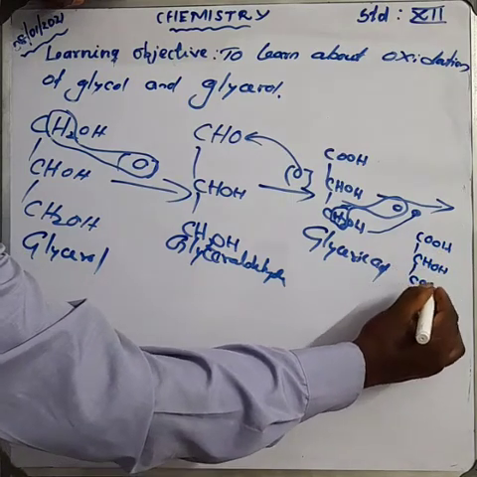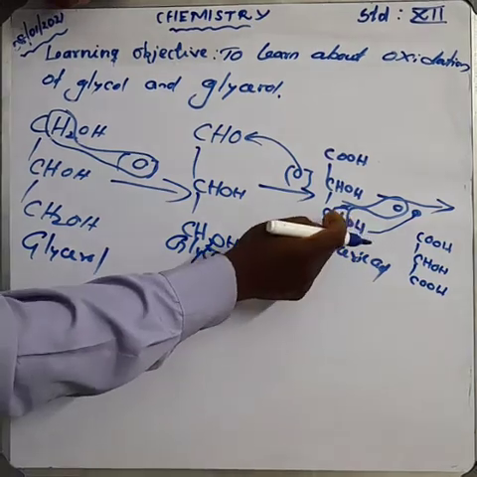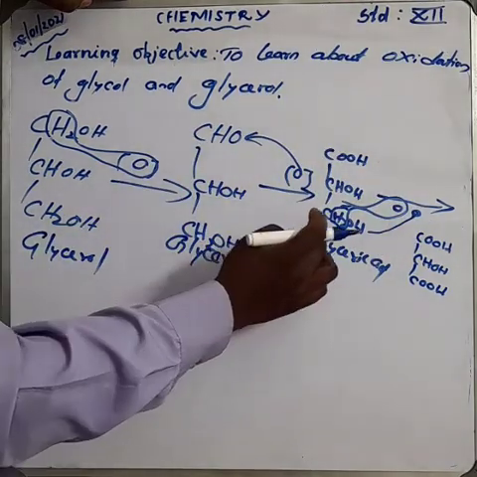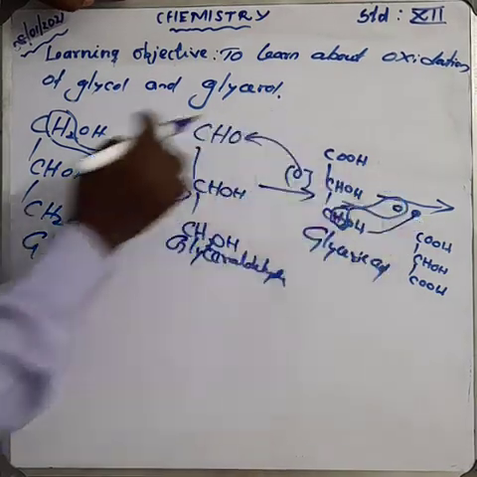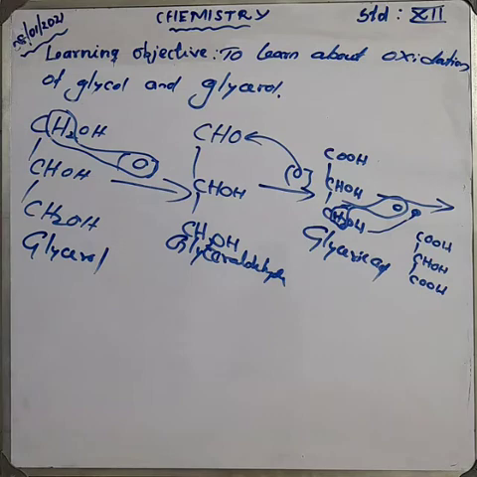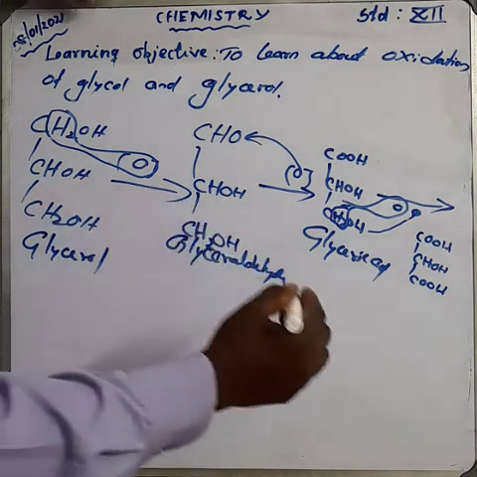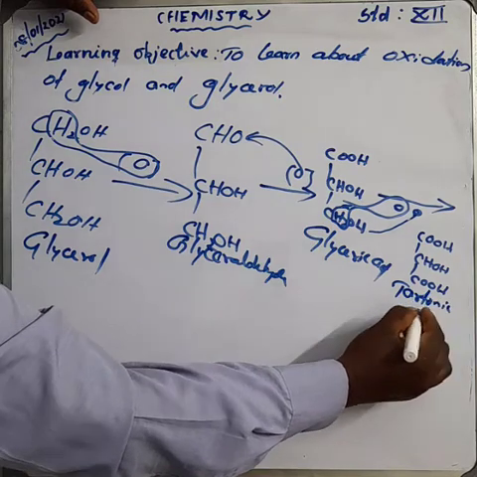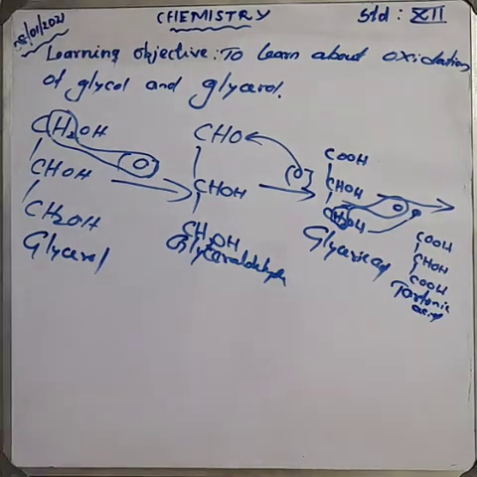Third step COOH. Clear? Here we are taking 2 more oxygen. One of the hydrogens combines with 1 oxygen to form water. The other oxygen will be attached here. So we get COOH. The name of the compound is tartronic acid. Clear?